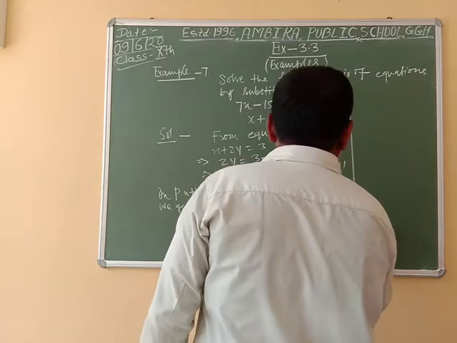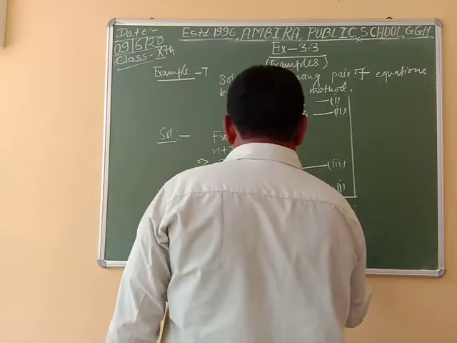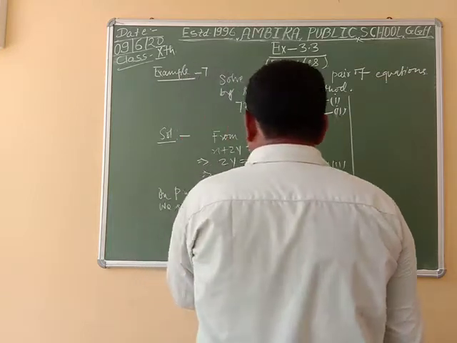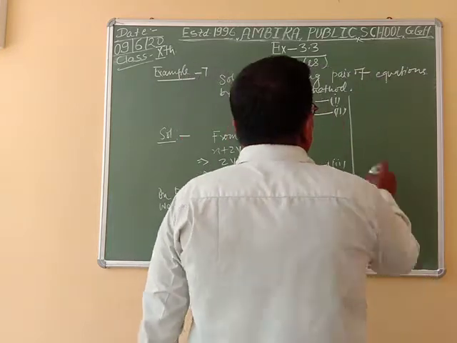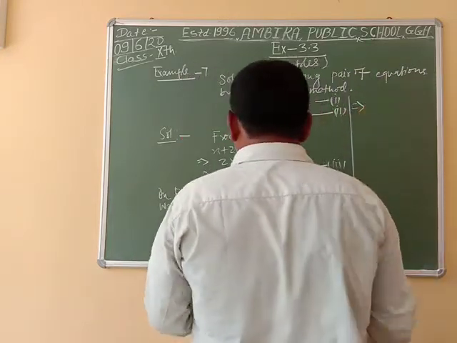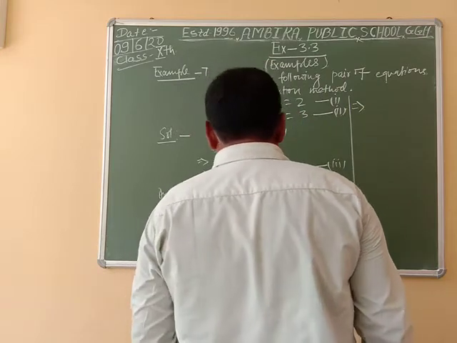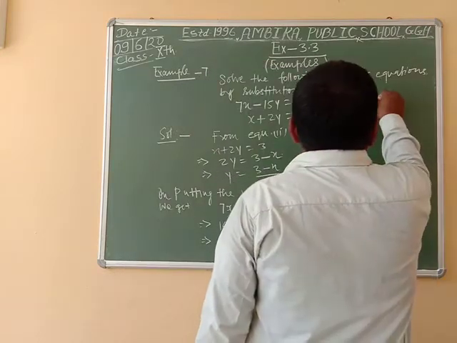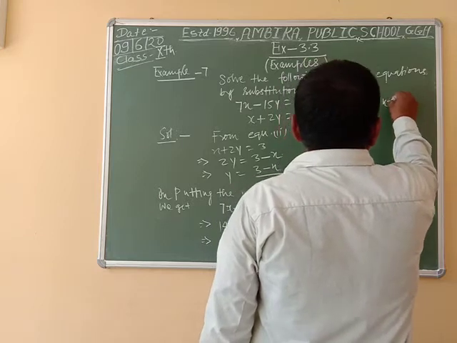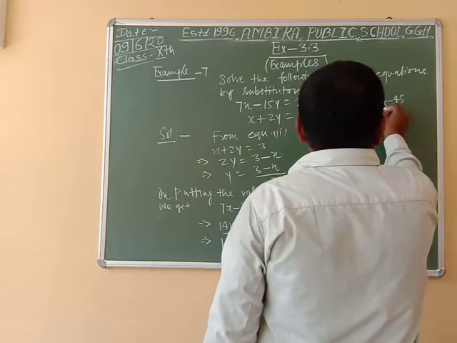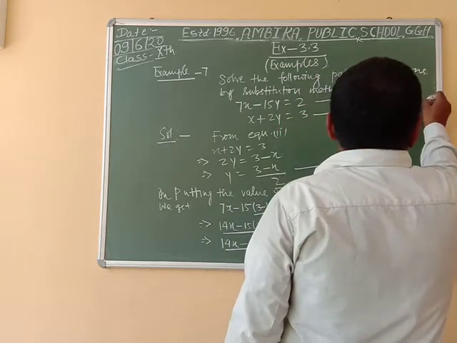14x plus 15x, 29x minus 45 by 2 is equal to 2.